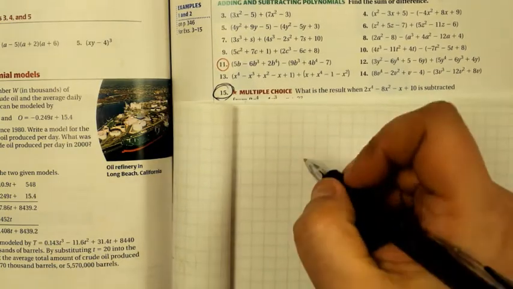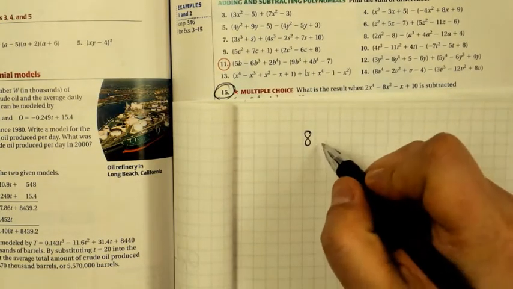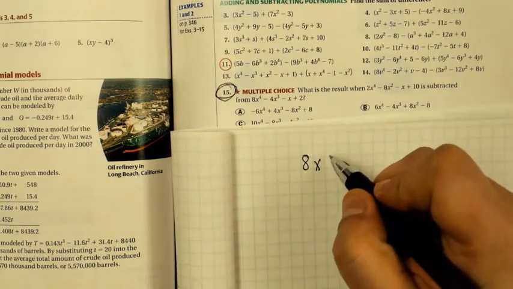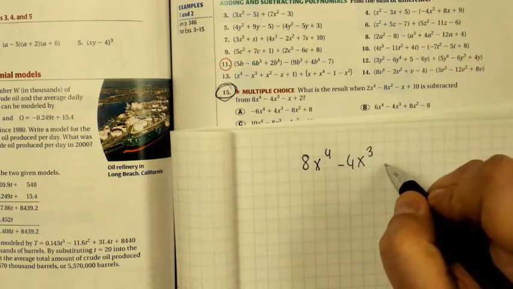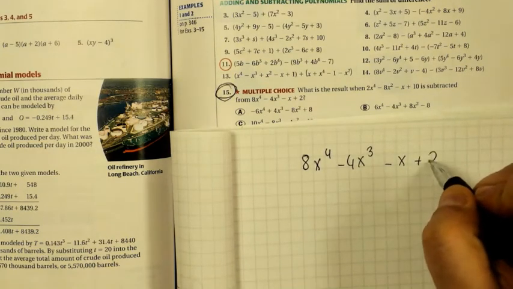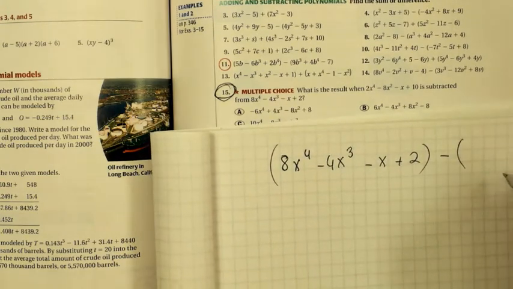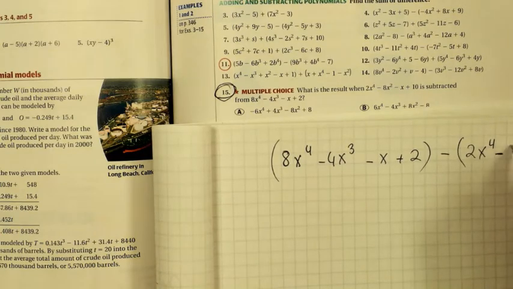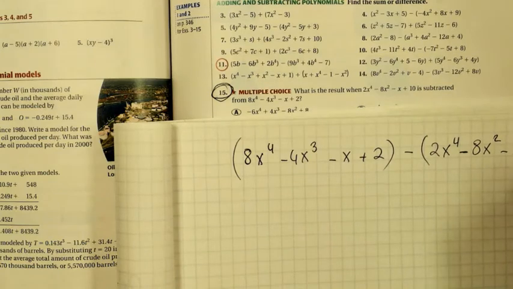The question is telling me to subtract the 2x to the fourth power one from this one. 8x to the fourth minus 4x to the third minus x plus 2 minus 2x to the fourth minus 8x squared minus x plus 10.